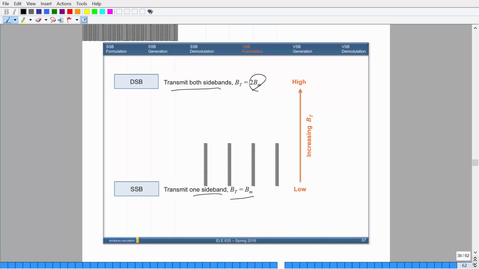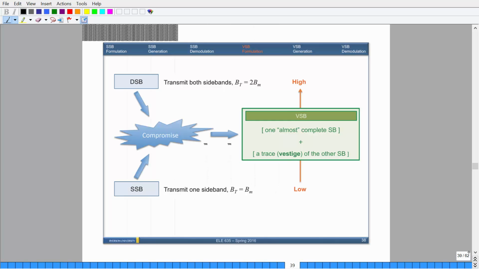Okay? So if you want to be able to transmit single sideband, you can certainly come to a compromise. The compromise is what is known as vestigial sideband modulation. So what the vestigial sideband does is that it comes to a compromise.